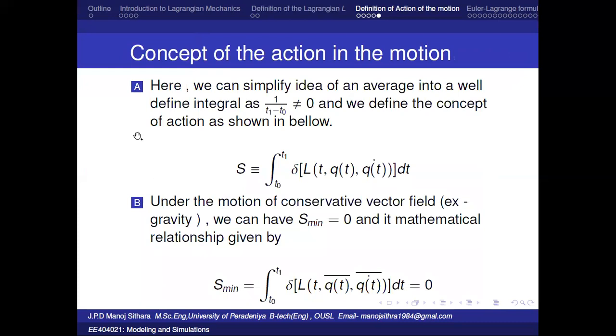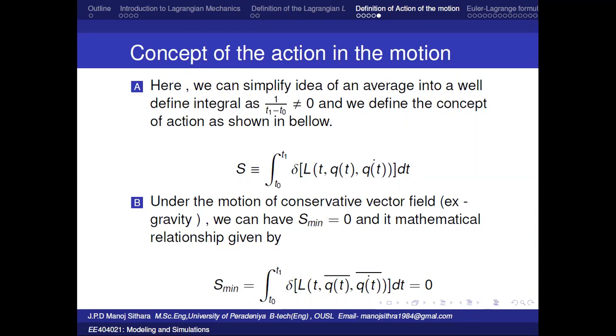Now, the concept of action in the motion, right? Throughout Newtonian mechanics, you just study the concept of time, position, and energy. And here we will introduce the concept of action into the motion, right?